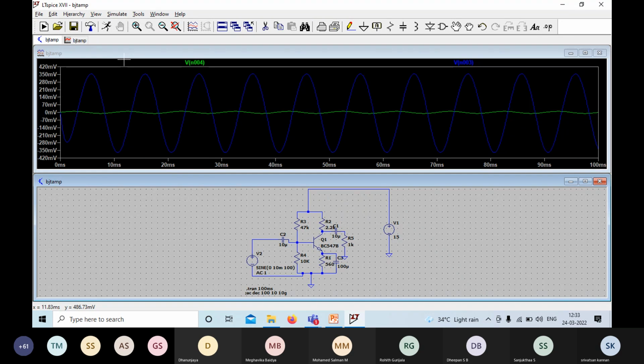For VN4, I'm getting a straight line, like zero only. You have to set the input voltage properly, I'll tell you. Sir, can you also show how to place that emitter? Okay, I'll show you.